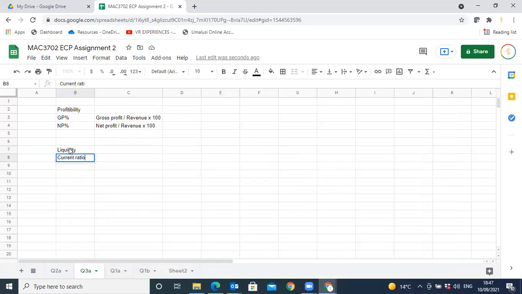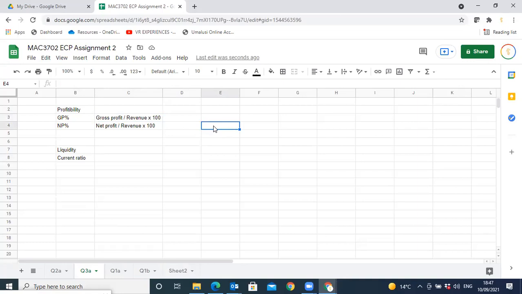What you must know is that you must do it for the current year and the prior year. That is the challenge with financial statement analysis: it is a lot of work for little marks. So basically I have two ratios, but you must do current year and prior year, because you're going to get half a mark for the current year and half a mark for the prior year.